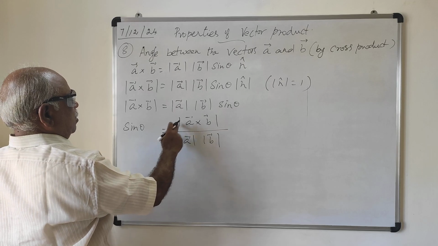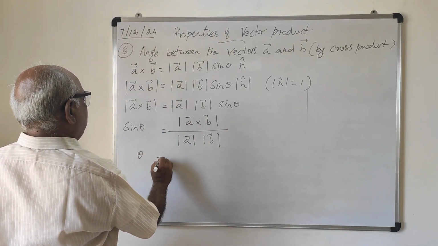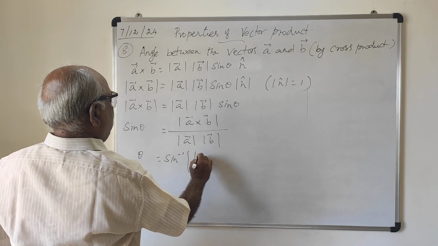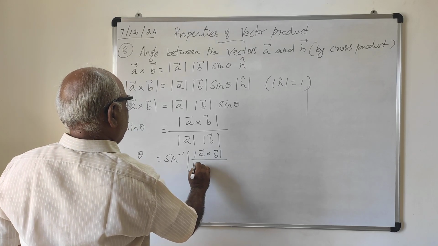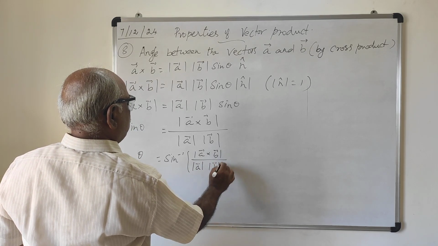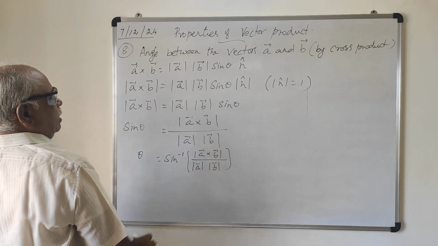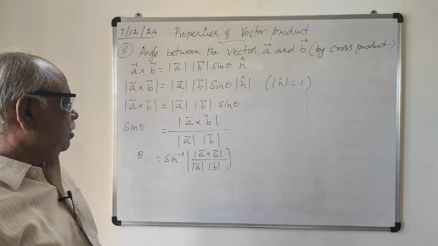Sin theta is mod of A cross B by mod A mod B, or otherwise theta equal to sine inverse of mod of A cross B by modulus of A into modulus of B. From this you can determine sin theta.